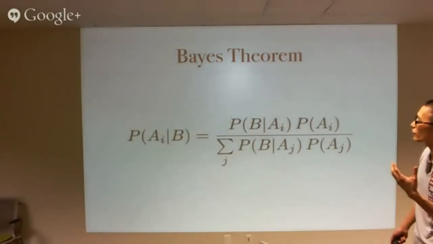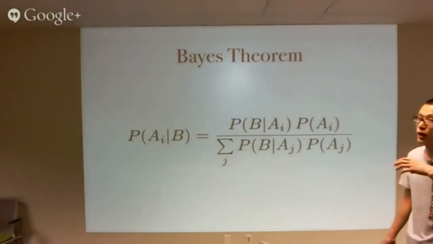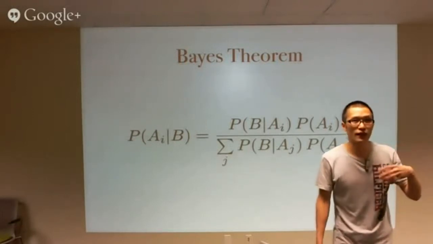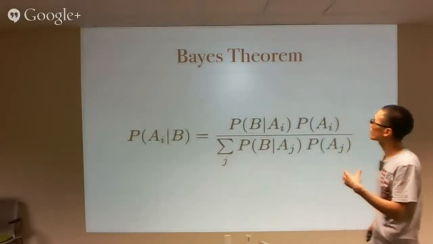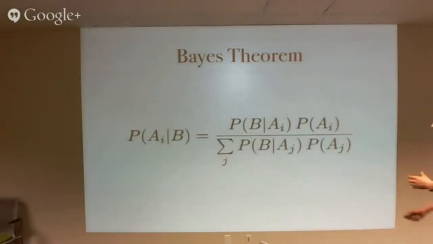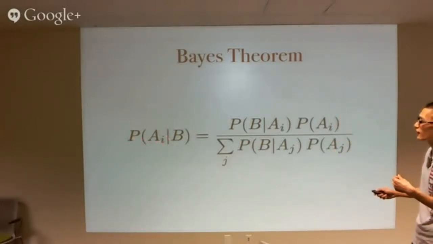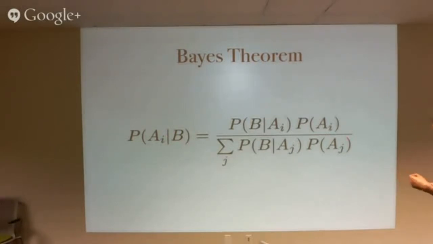So if we want to find the exact probability that the person is a woman, we use Bayes' theorem, which is P(A given B) equal to this formula, where the denominator is the total probability function.